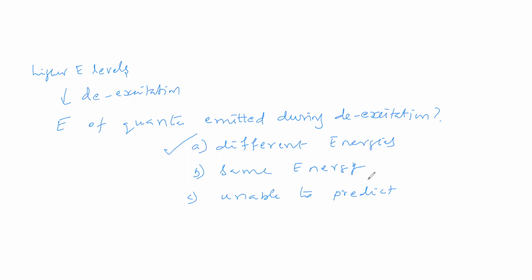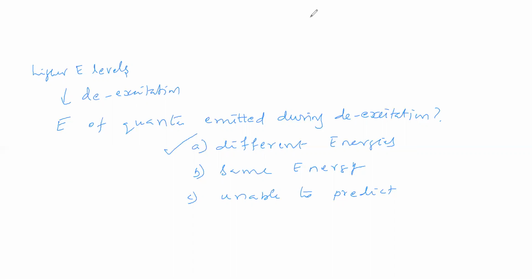Suppose many electrons are jumping from the second level to the first level. All will emit the same energy quantum only, no? So you are saying same energies. That is also correct. Same energy quanta, different energy quanta, both are possible.